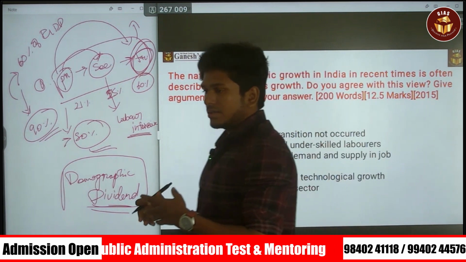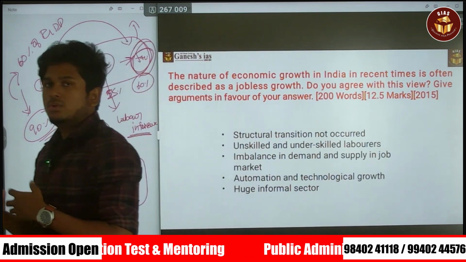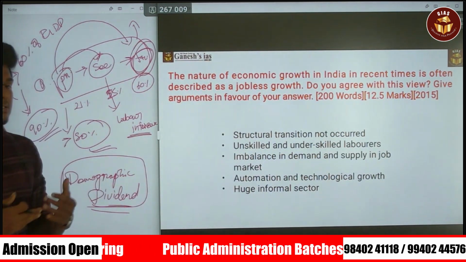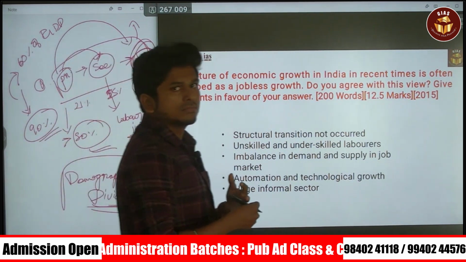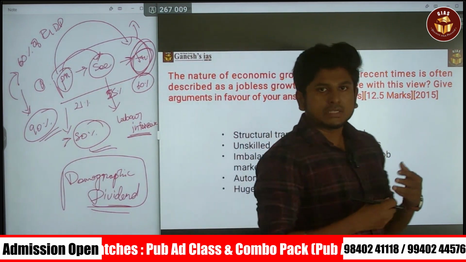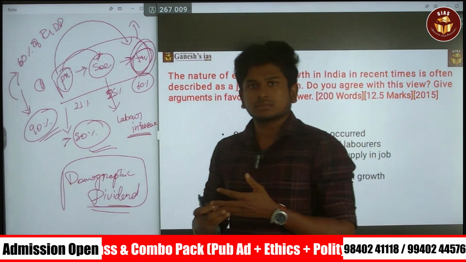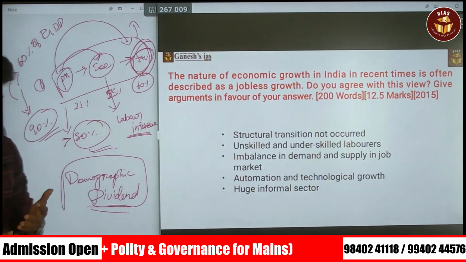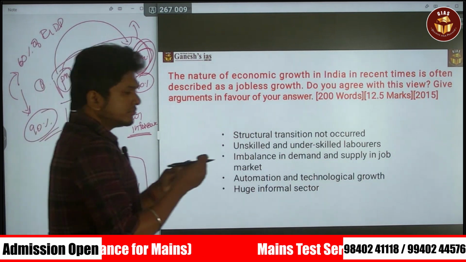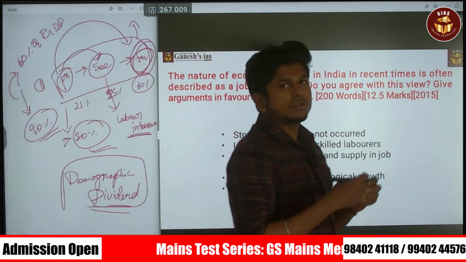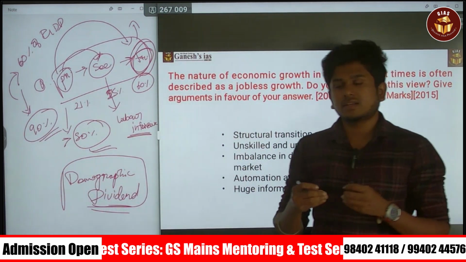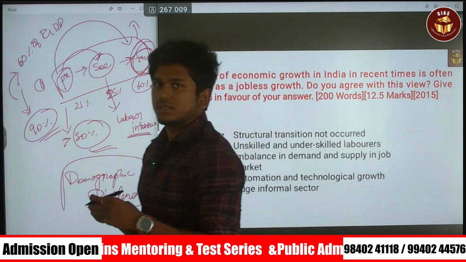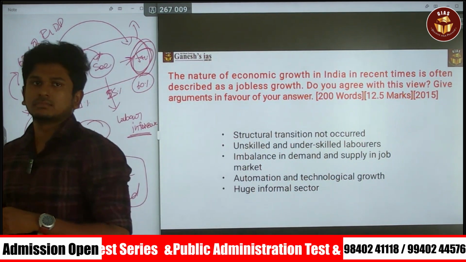And based on the marks allocated for the question, you can give any extra points like suggestions or government measures. If it is a 10-mark question, you just list a point, that is enough. If it's a 12.5 mark question, try to give certain brief answers, without listing the points. That is the most important thing.